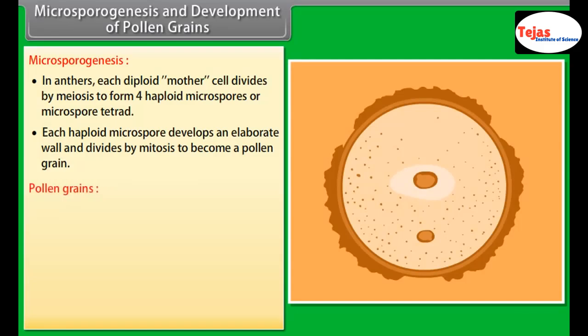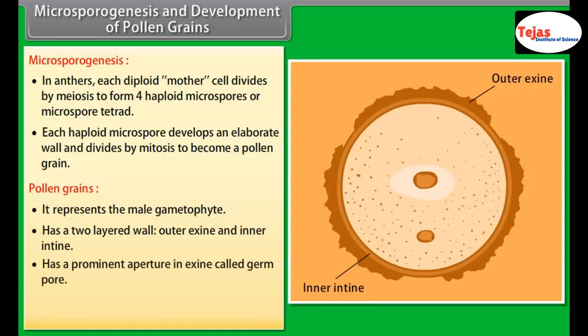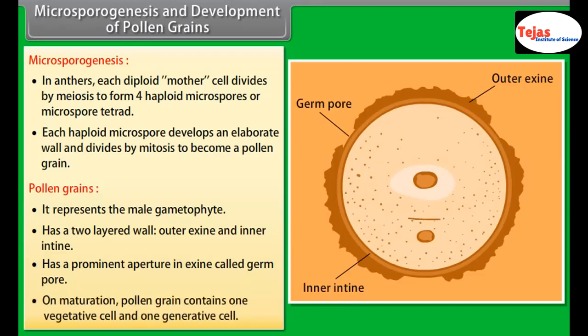Pollen grains represent the male gametophyte. They have a two-layered wall, outer exine and inner intine, and a prominent aperture in the exine called the germ pore. On maturation, a pollen grain contains one vegetative cell and one generative cell.